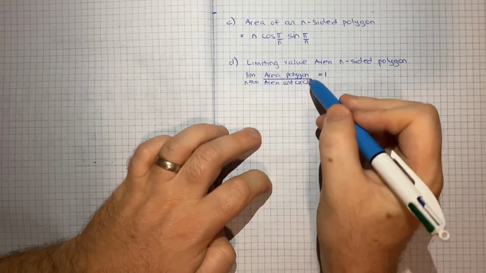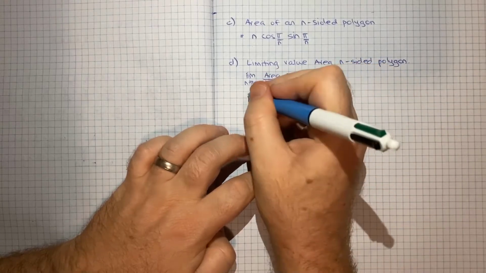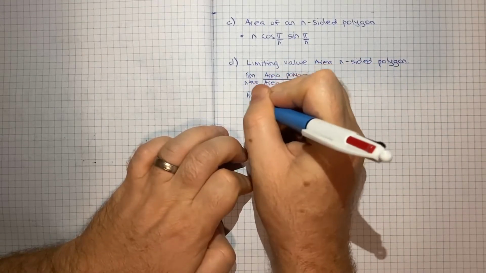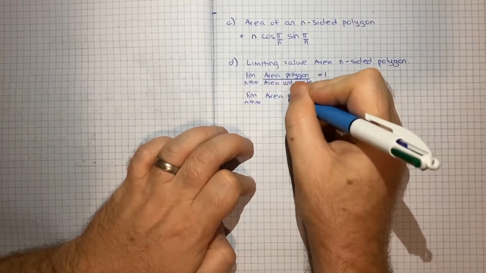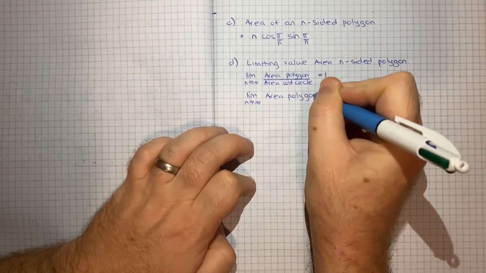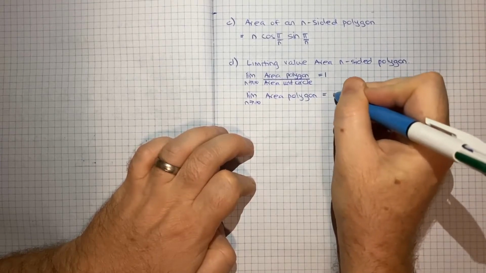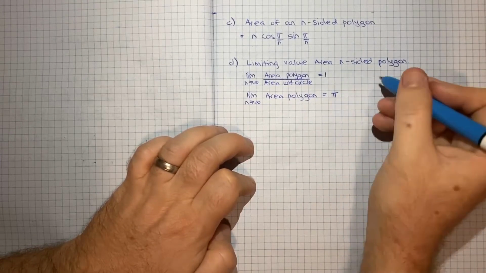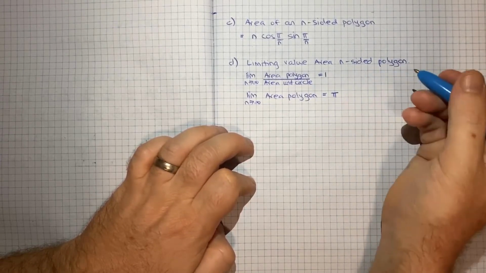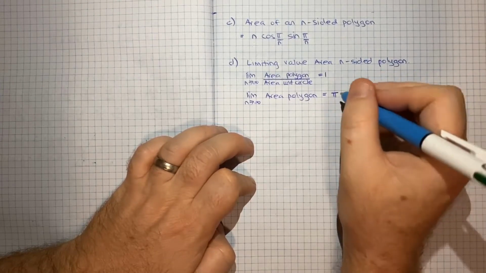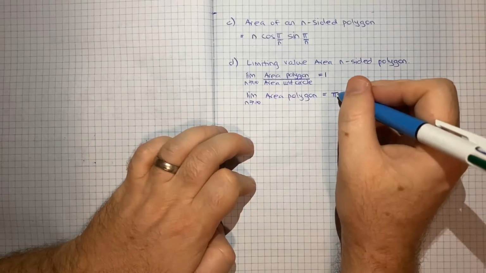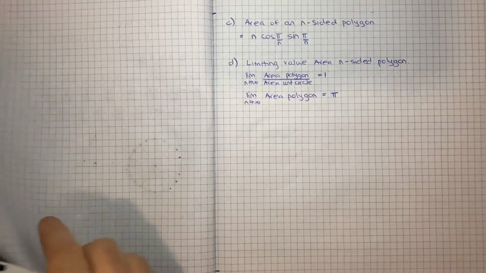So we can just move it up here and conclude that the limit as n goes to infinity of the area of the polygon is equal to pi, or pi times 1 squared, which is just pi times 1, or pi. So that's part D. Again, very simple once you've done all the hard work in part B.